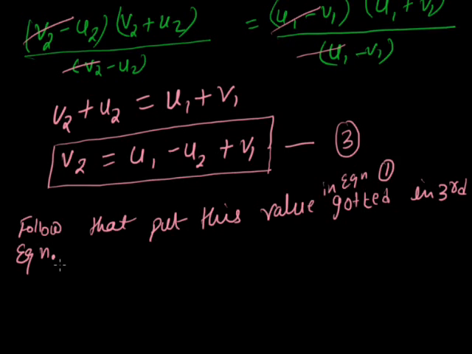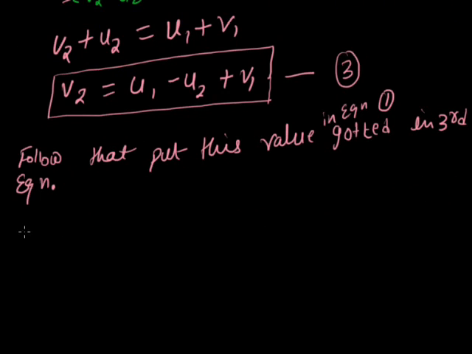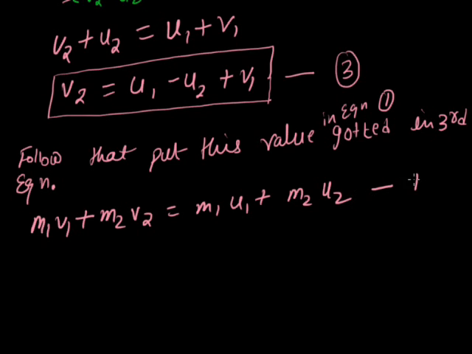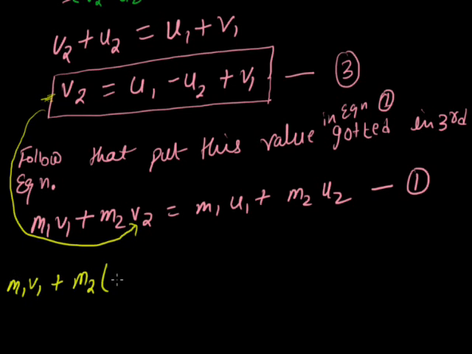As we know, our first equation is m1 into v1 plus m2 into v2 is equal to m1 into u1 plus m2 into u2. Now we put in the value of v2, so we can write m1 into v1 plus m2 into (u1 minus u2 plus v1) is equal to m1 into u1 plus m2 into u2.